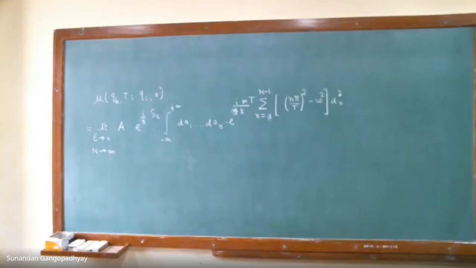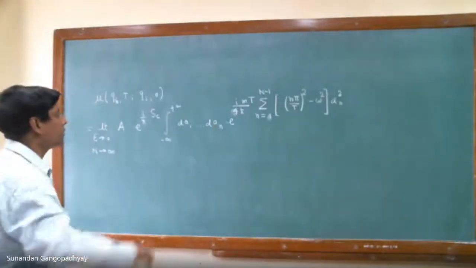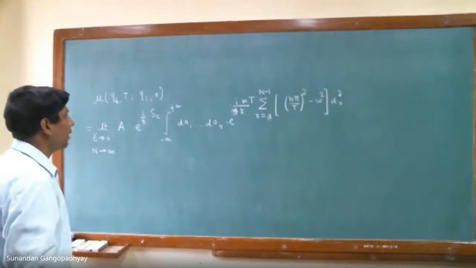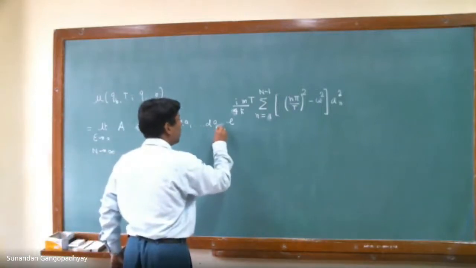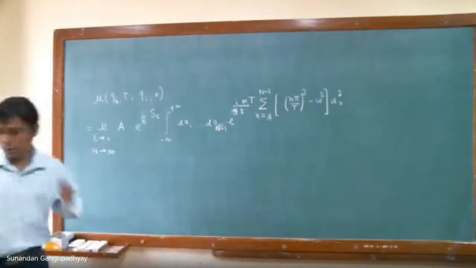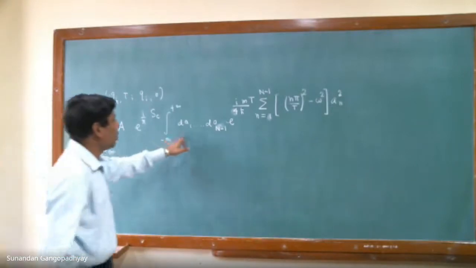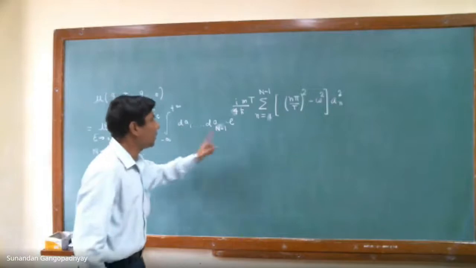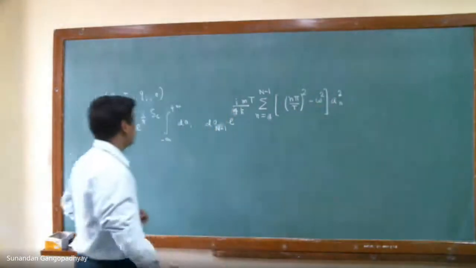And now we can see that this thing is basically a product of N minus 1 integrals, dA1 to dA N minus 1. So there are N minus 1 integrals, and each of them are decoupled from each other.